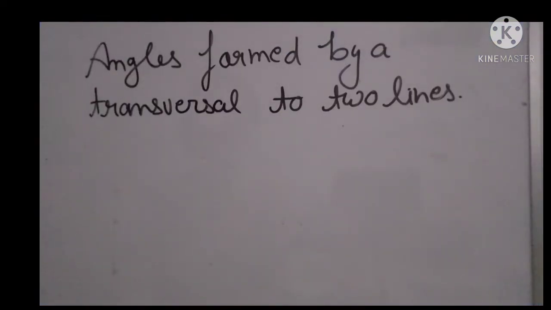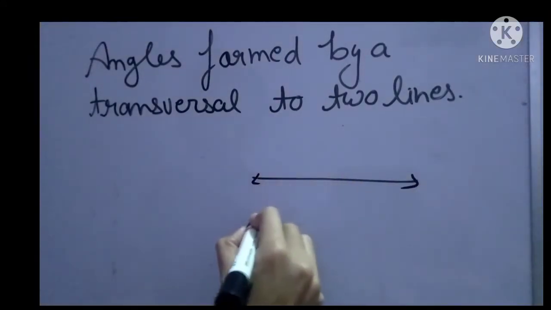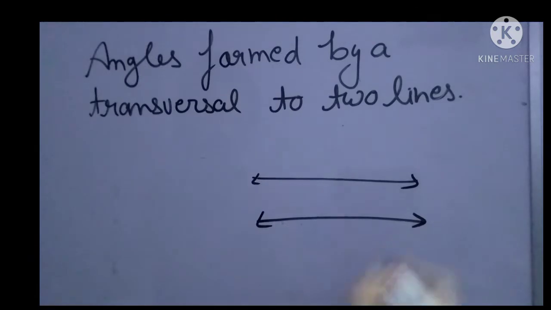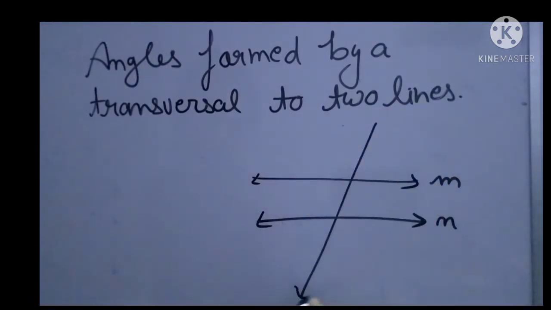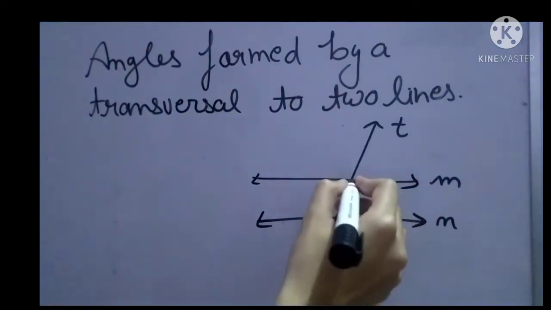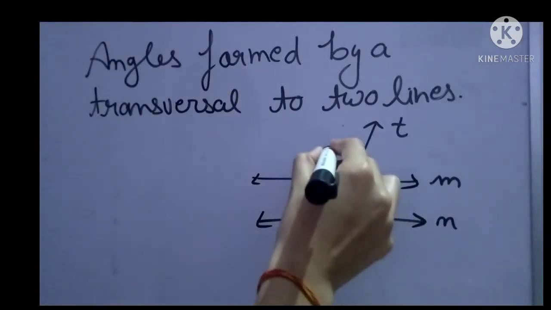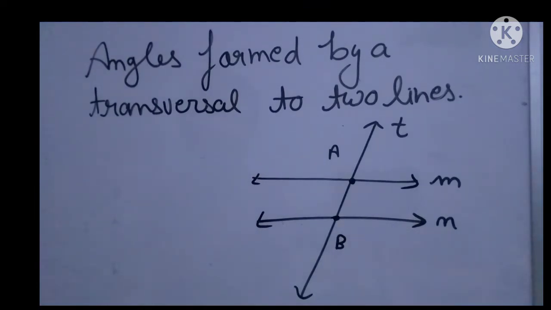Now your next topic is angles formed by a transversal to two lines. If we have two lines, line M and line N, then a transversal T intersects these two lines at different points A and B. So in this case, this transversal T makes many angles.